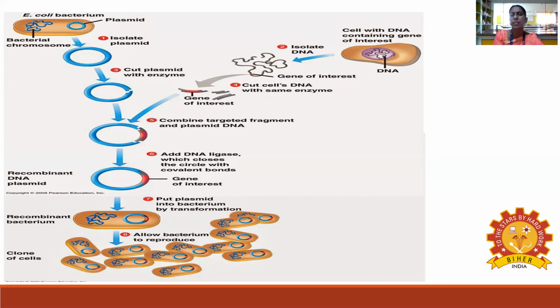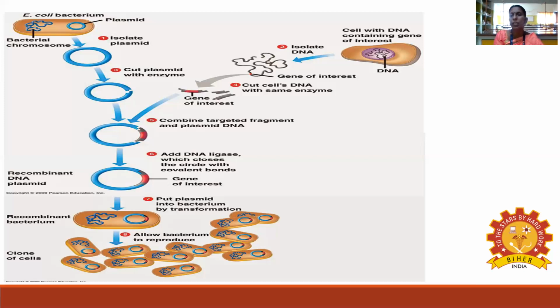Okay, and this is done with the help of the enzyme called DNA ligase. The DNA ligase closes the circle with the help of a covalent bond. The gene of interest with the plasmid is called a recombinant plasmid. You put the recombinant plasmid into the bacterium by the method called transformation.